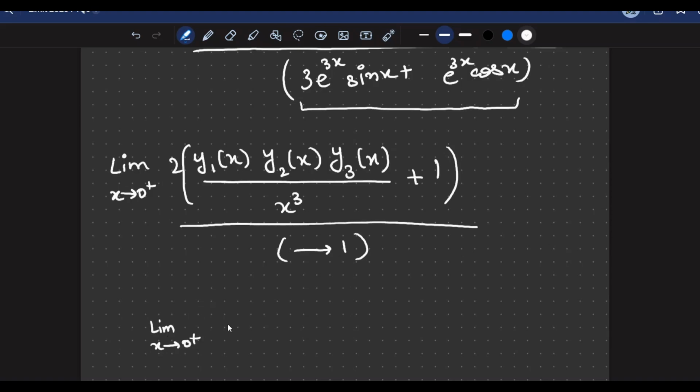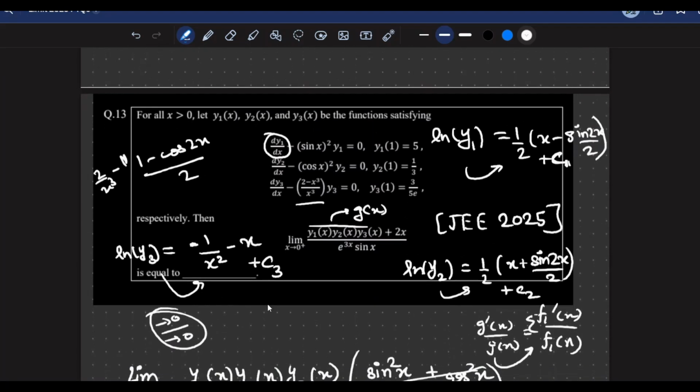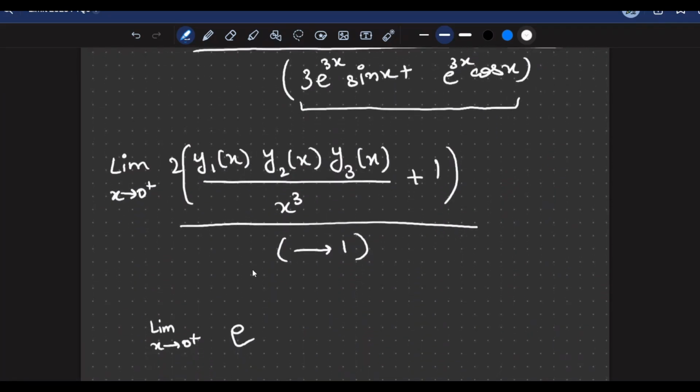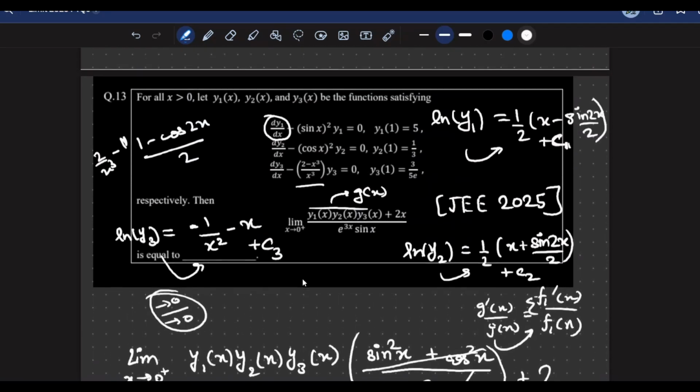Limit x tending to 0 plus, I will have e power. Let's look at those expressions: x by 2 minus sine 2x by 4. I will write the constants at the end. Denominator is of course x cube, and whatever I'm writing here is the power on e, all right?